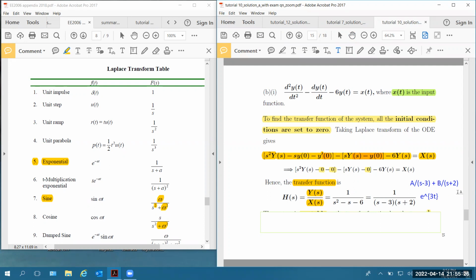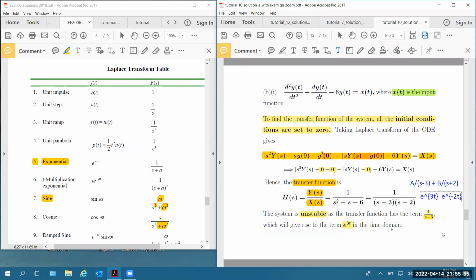Whereas this one will give us e to the power of minus 2t. So this e to the power 3t will go to infinity when t goes to infinity, and that will make the yt unstable. Your e to the power minus 2t is okay because it will go to 0 when t goes to infinity. So this term is all right, but this term is not okay.